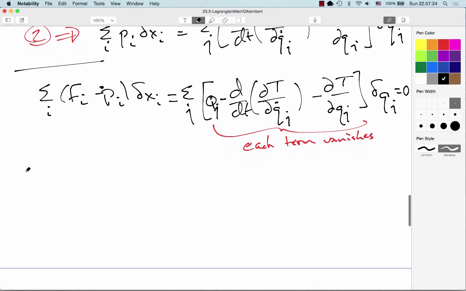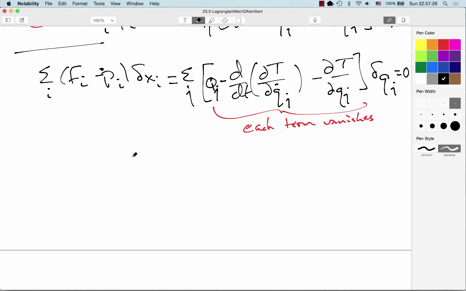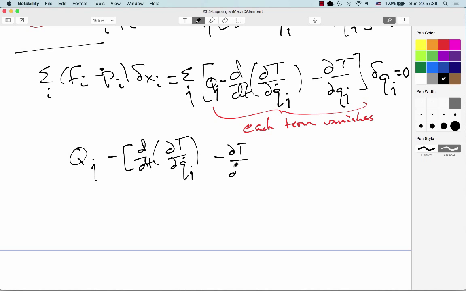So we can pull it out of the sum and just plain demand that the generalized force Qj minus d dt of partial T partial qj dot minus partial T partial qj equals 0.